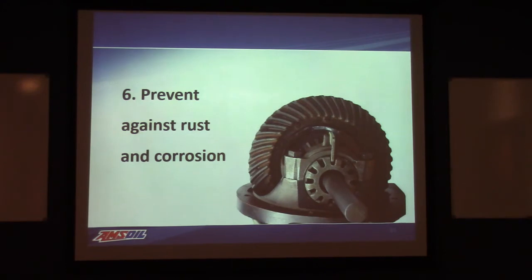Prevent rust and corrosion. We said corrosion was an issue. Rust is actually a bigger issue. And to be honest with you, most lubricants, whether they be mineral oil or synthetic, do a very poor job in this respect. Everybody thinks, well, you want to keep something from rusting, put some oil on it.